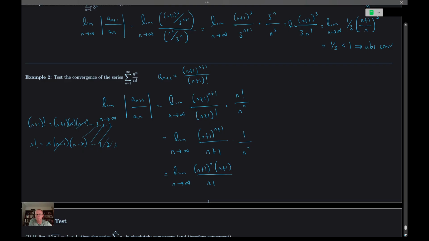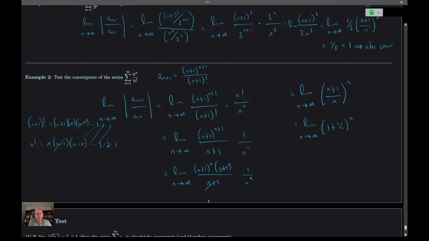That's over n plus 1 times 1 over n to the n. So now these two will cancel. And so we end up with the limit as n goes to infinity of n plus 1 over n to the n, or we could write this as 1 plus 1 over n to the n.